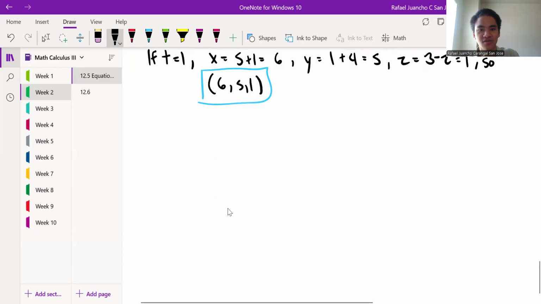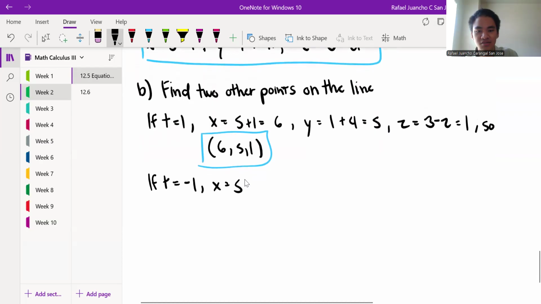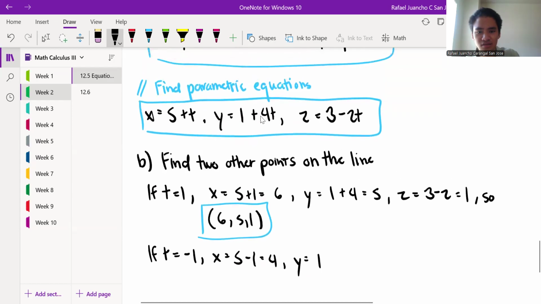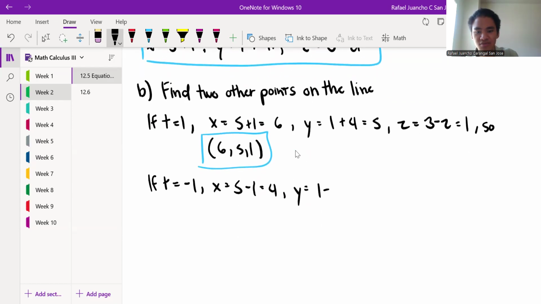Another value we can plug in is if t is negative 1. What's that going to look like? Well, x equals 5 minus 1, so that's 4. y is 1 minus 4, so that's negative 3.